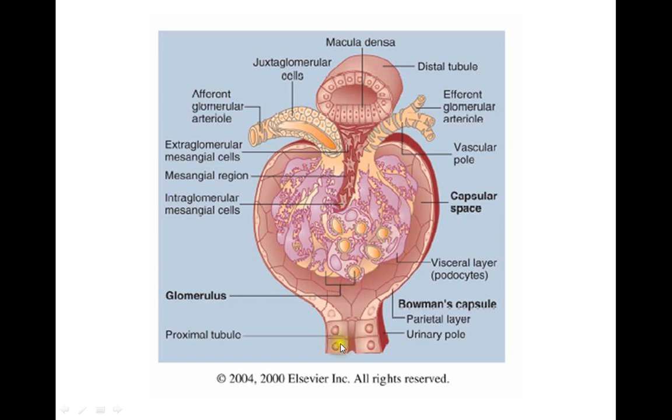Here we have the first part of proximal tubule. This part of the glomerulus is called as glomerular tip, and this part is known as prehilar area.